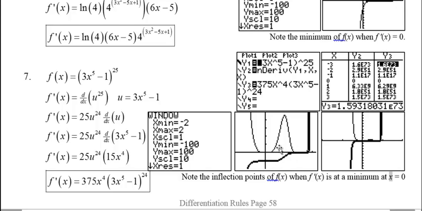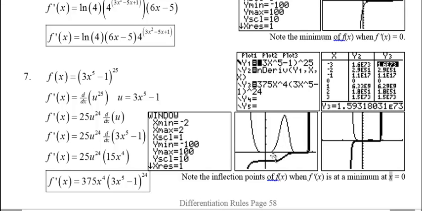Notice in between, over here to the left of 0, the original function is increasing and concave down, so the derivative is positive and decreasing. Between 0 and there's also an inflection point right here somewhere where the derivative is at a maximum.